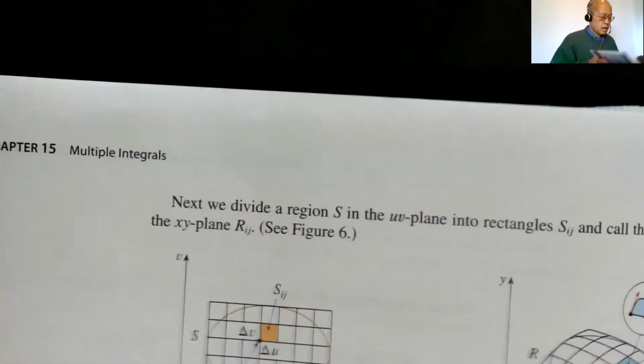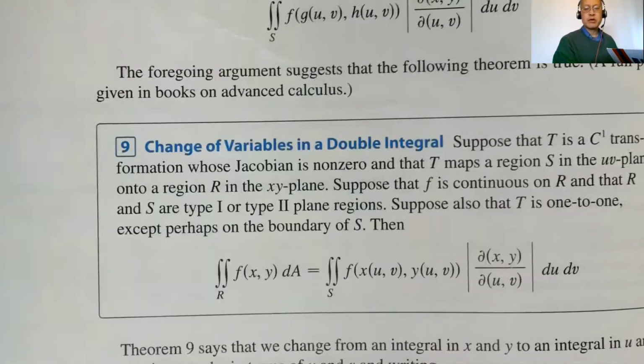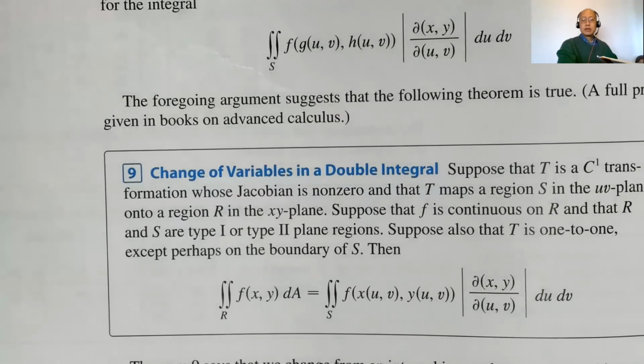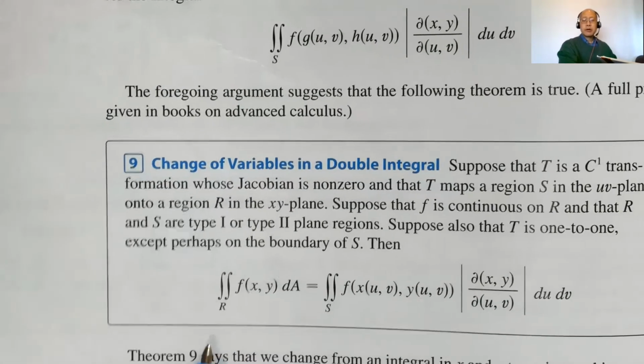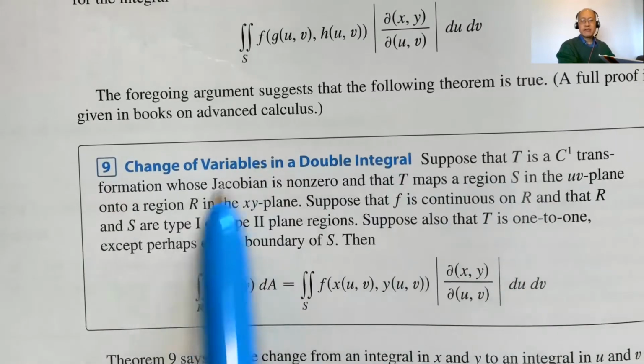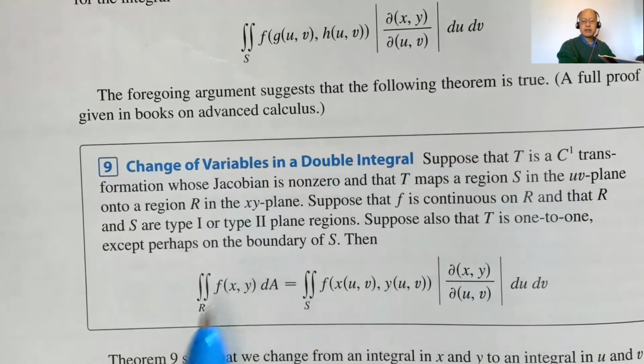So in a nutshell, when you change from one variable system to another, this is what you want to put on your formula sheet. Whoops, 1056. Although you're not really going to have to do too many. This can get really, really long. All right. So double integral of f of x, y, dA. It's well behaved. Well behaved means it follows all of these rules here.